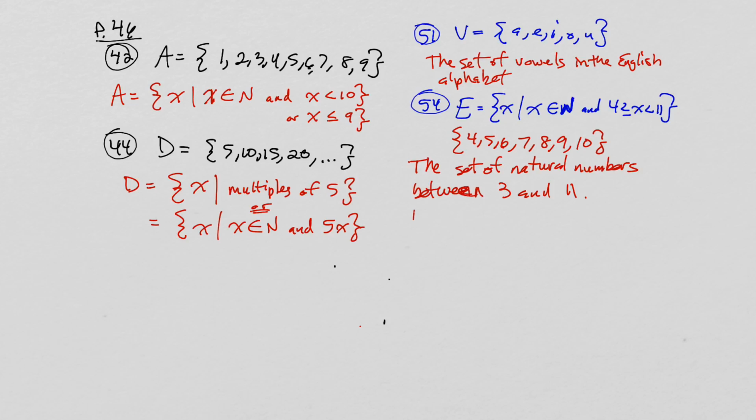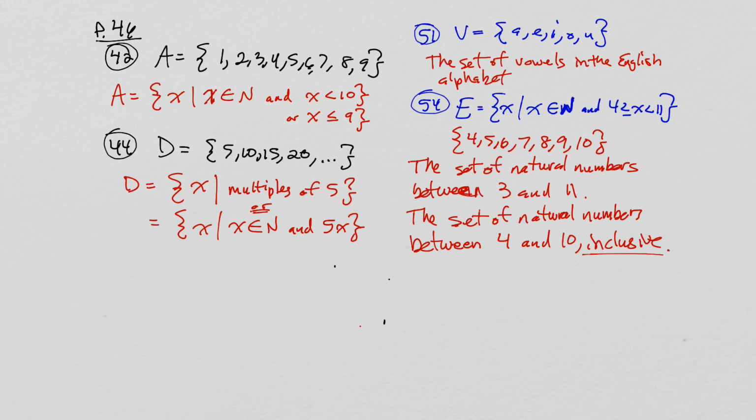Another way to say that would be the set of natural numbers between 4 and 10, and then use the word inclusive, and that's going to include 4 and 10.